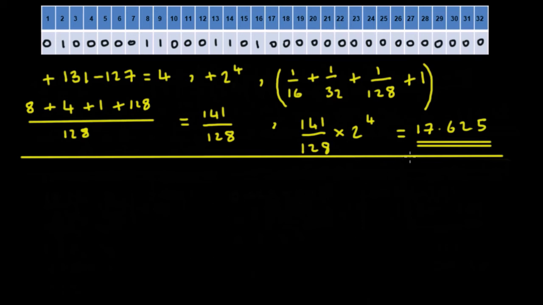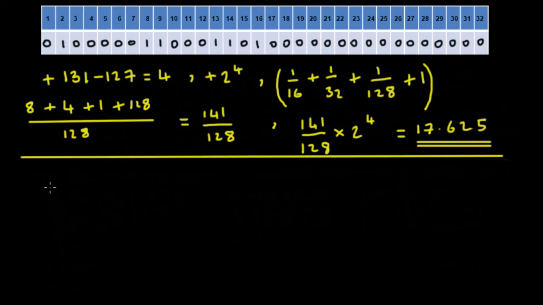So what we want to do is change this 17.625 decimal back into a 32-bit floating point binary number. Now we do that by first of all taking the 17.625 and converting it to a fixed point format, and this is the reason why we went over the fixed point stuff at the beginning of the video.